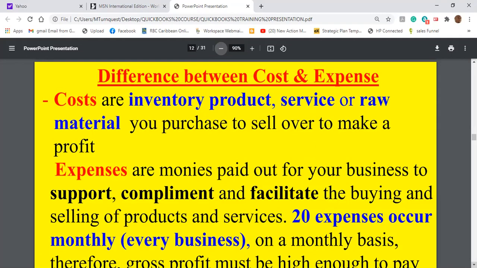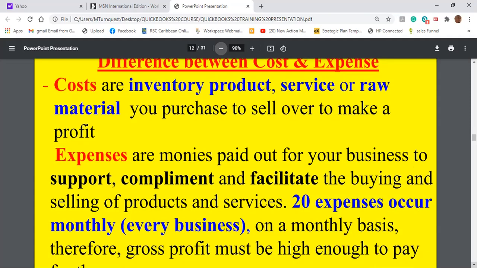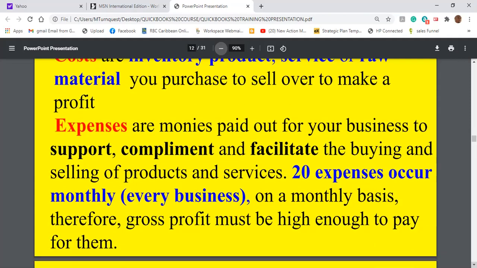They support and facilitate the buying and selling of goods and services. That's very important. On page 23 in the training manual, you'll have those 20 expenses that some businesses have and some don't, but from my experience it levels up to around 20 expenses. It's up to the business to identify on a monthly basis all those expenses.